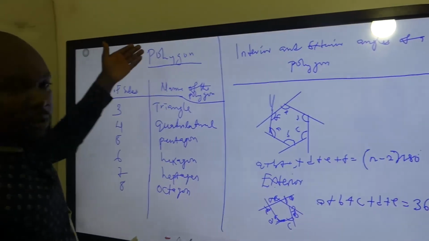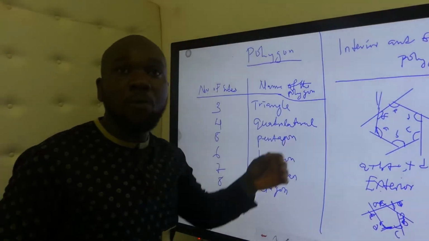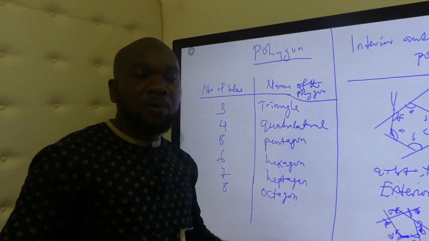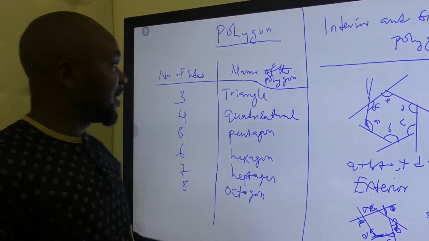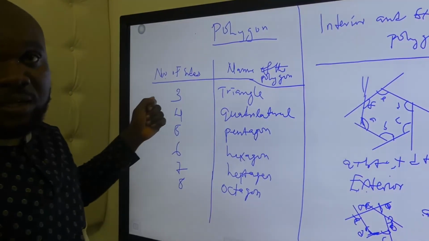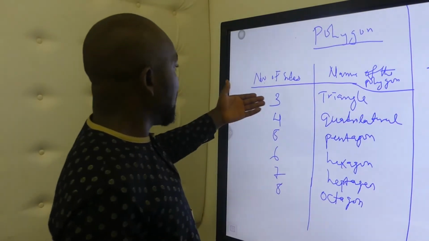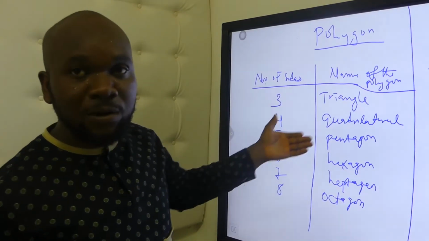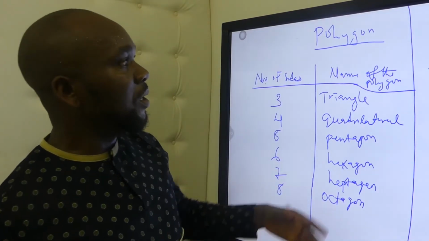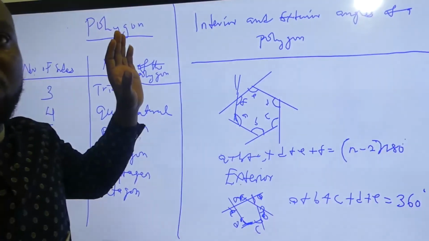Then we talked about a polygon, of which I told you that a polygon is when 3 or more lines are joined together to form a plane shape. It starts from 3. 2 lines cannot form a polygon. When you have 3 lines, it is a triangle, 4, quadrilateral, 5, pentagon, hexagon, and so on. We talked about the interior and exterior angles of a polygon.